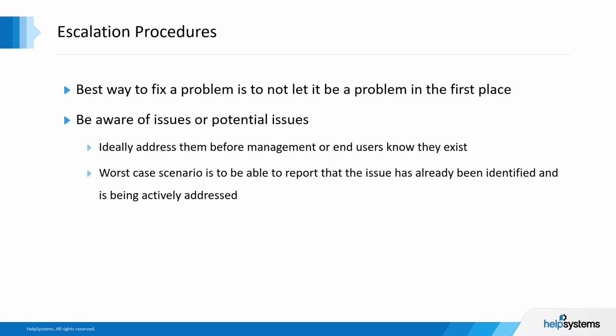And having proactivity is the right solution, and you have to have that in place to be your ultimate goal line defense. So having an escalation procedure is the best course of action in terms of identifying that issue, and then making sure that issue gets to the right place so it can be fixed and addressed.